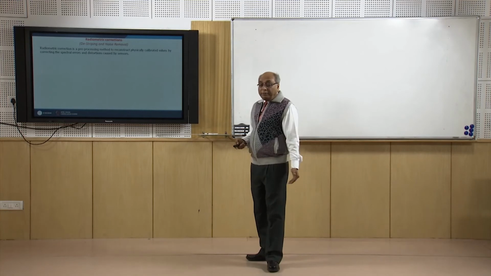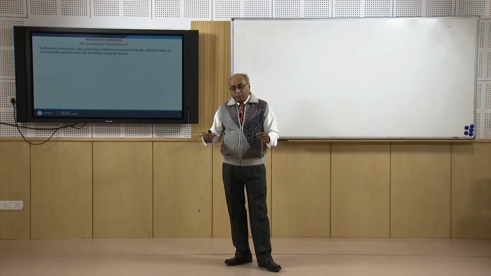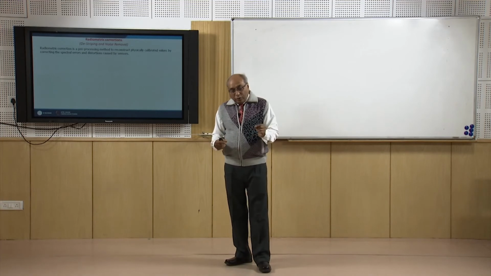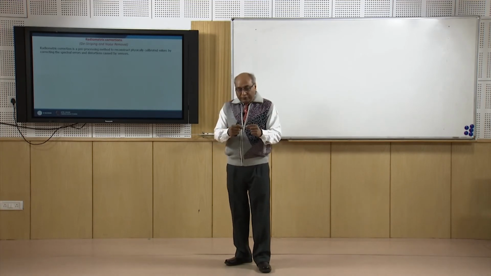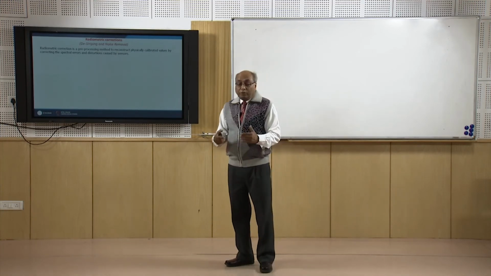But you need to have the information about it. Suppose this data has been acquired by a linear array. If all these CCDs have been calibrated perfectly, then the stripping will not come.